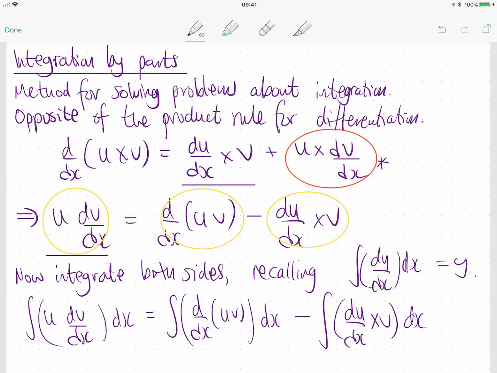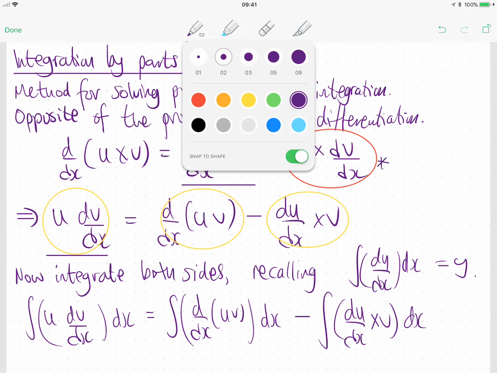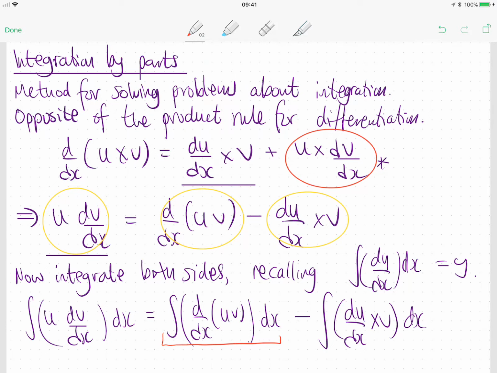and then I notice that this term here is just UV because the integration and the differentiation reverse, and the second term, well, that just stays where it is, that's fine. Okay, so this is the parts formula.